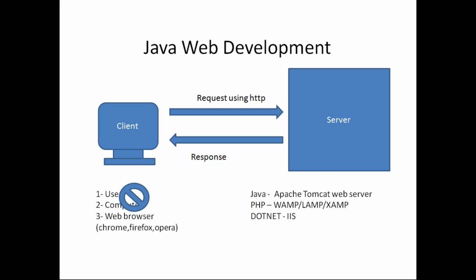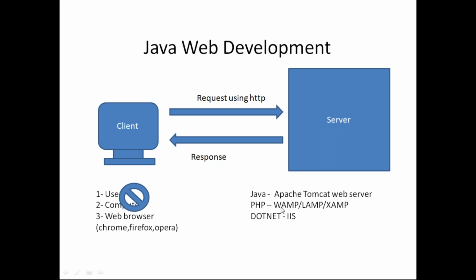What is a server? A server is not a hardware part. Server is software. When we install that server software on any system, that system becomes a server. In Java, we generally use the Apache Tomcat server, and in the case of PHP, WAMP, LAMP, and XAMPP servers are used.